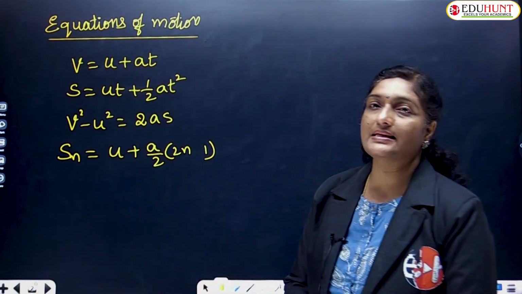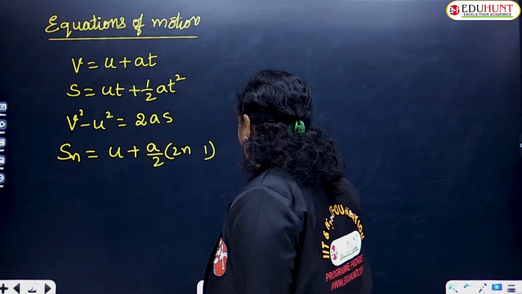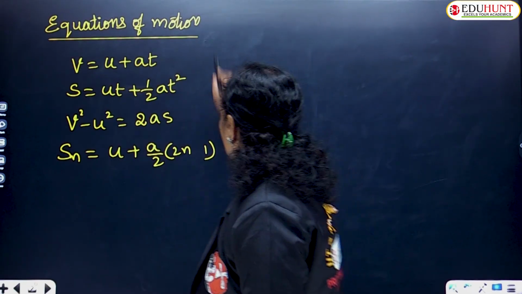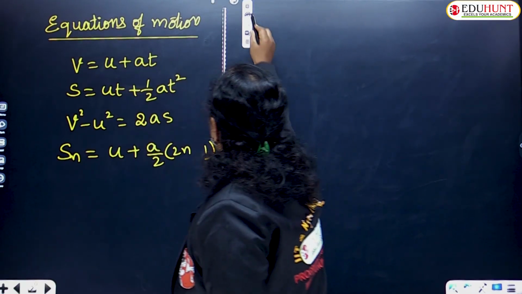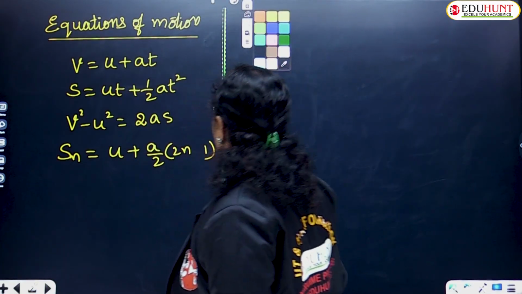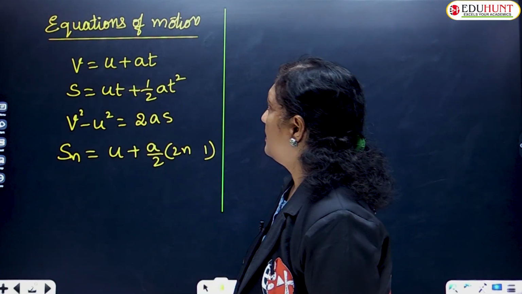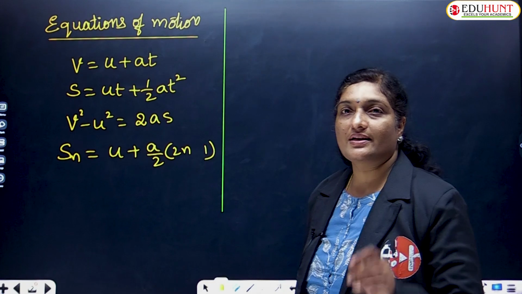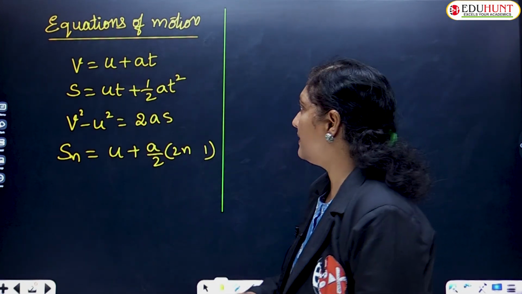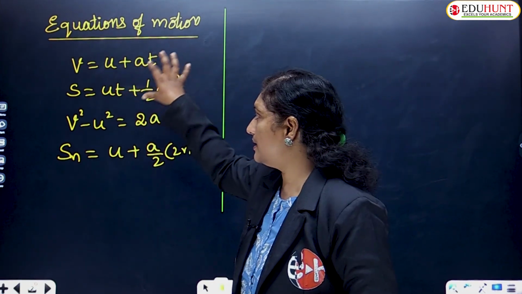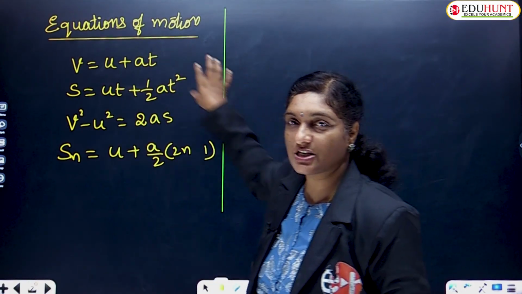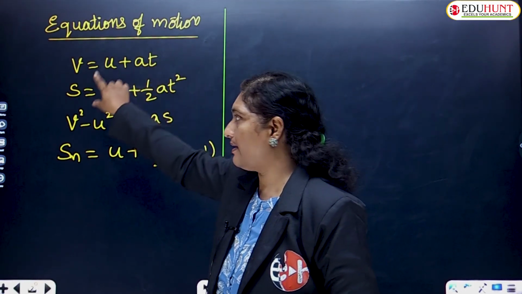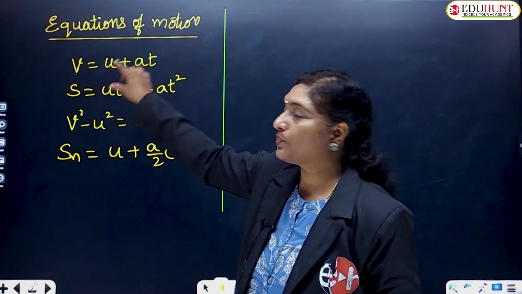It's nothing but h is equals to half gt square, not plus or minus, as it is falling downwards. As it is falling downwards, it should be taken only plus g. So v is equals to gt and h is equals to half gt square.